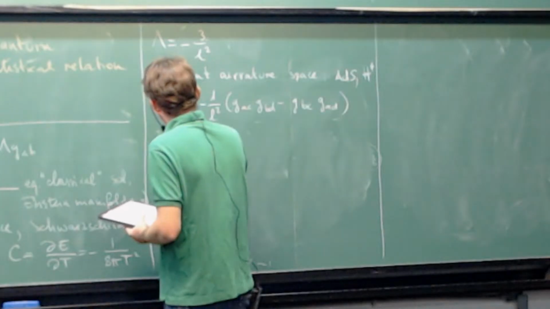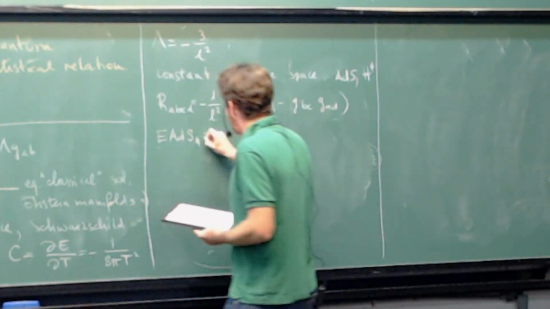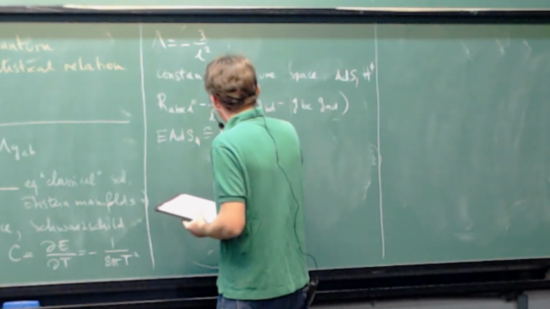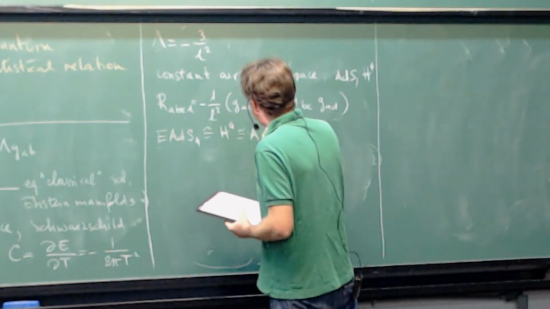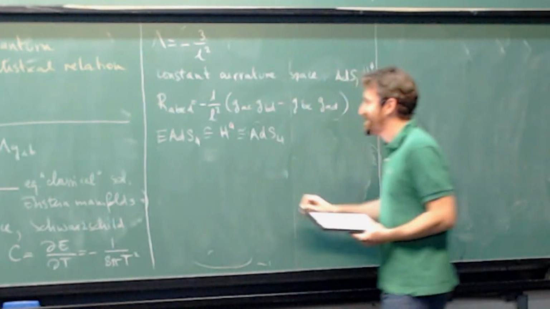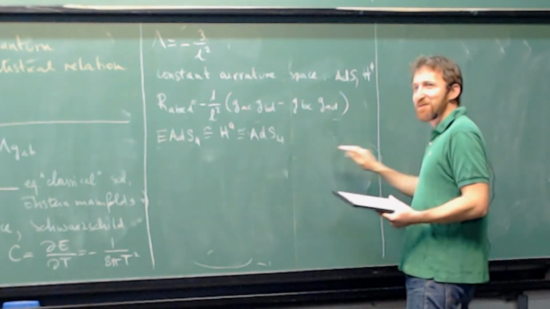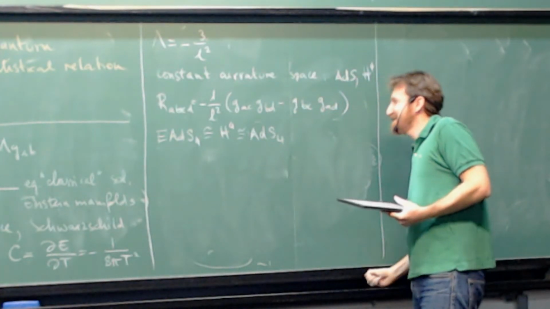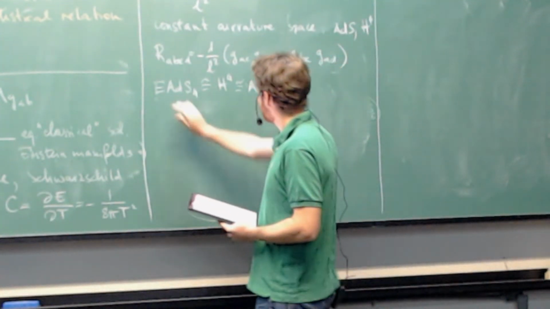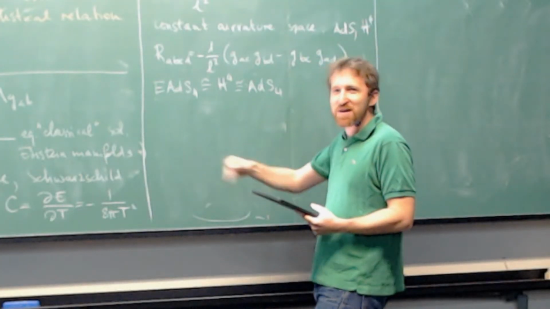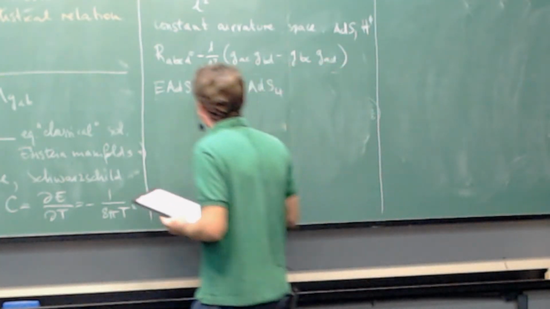So sometimes I'll call it Euclidean AdS4, sometimes I'll call it H4, sometimes I'll call it AdS4. These are all the same for the purposes of these lectures, but in the lecture notes I make sure to differentiate between Lorentzian and Euclidean. But now 2 is 1 and pi is 1, you know, it's all the same.